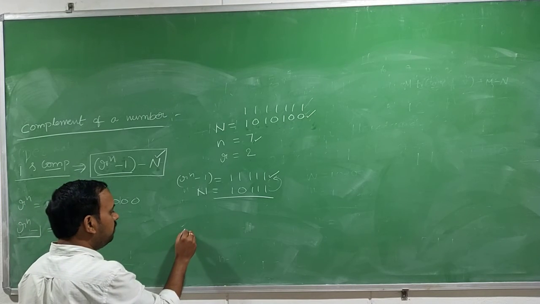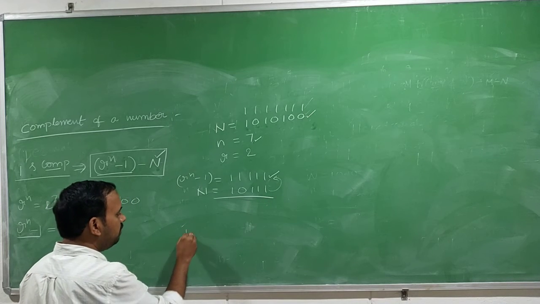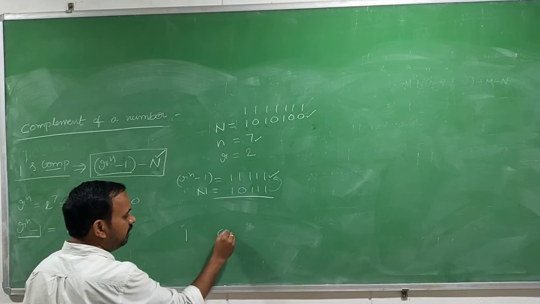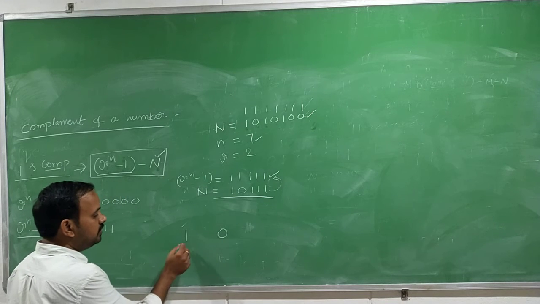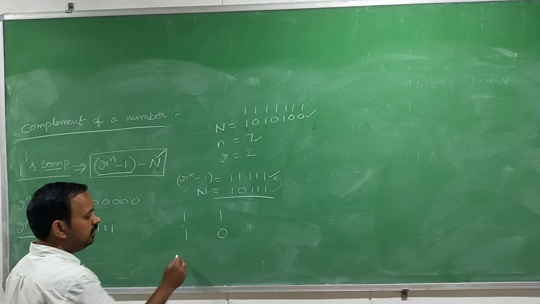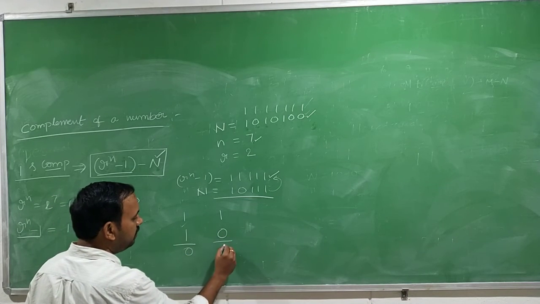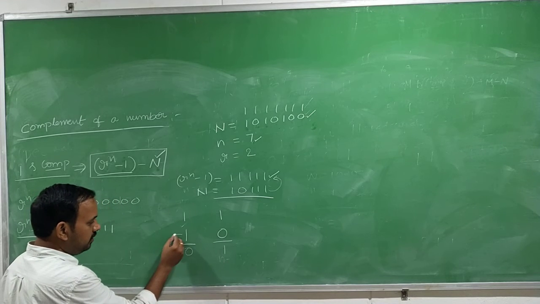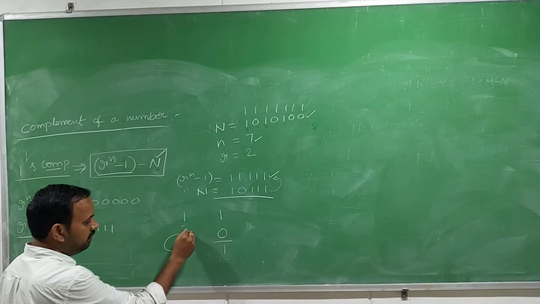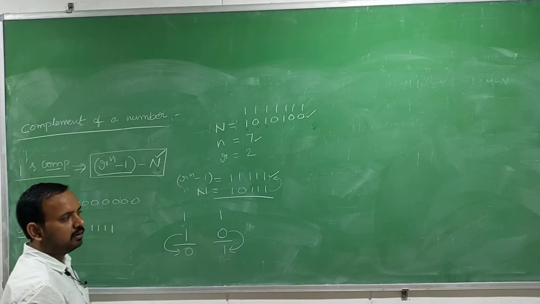In one particular position you can have 1 or 0, and this 1 or 0 you need to subtract from 1 only. So 1 minus 1, what you will get? 0. 1 minus 0, what you will get? 1. That means the 1 in the number will become 0, and 0 will become 1.